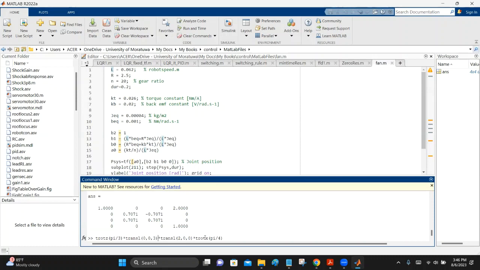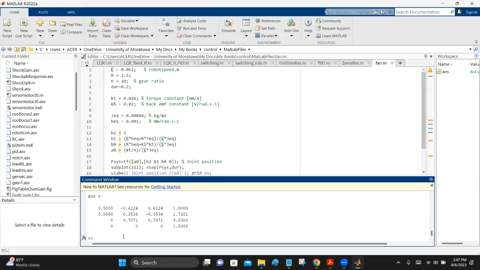If you want, you can make it like this, so that you get absolutely sure that these two operations are done separately and then multiplied together. Otherwise you get the same answer.